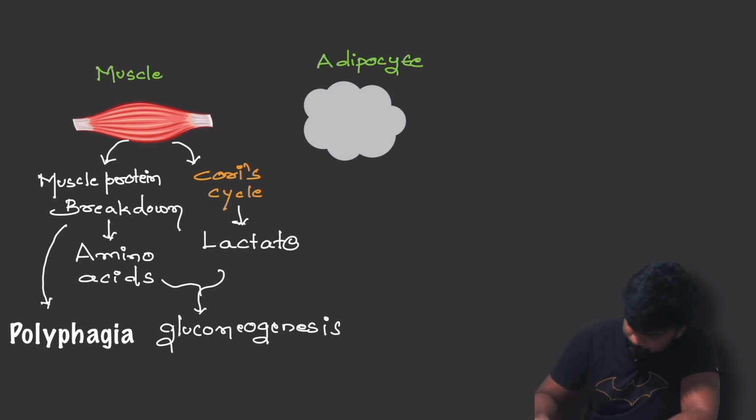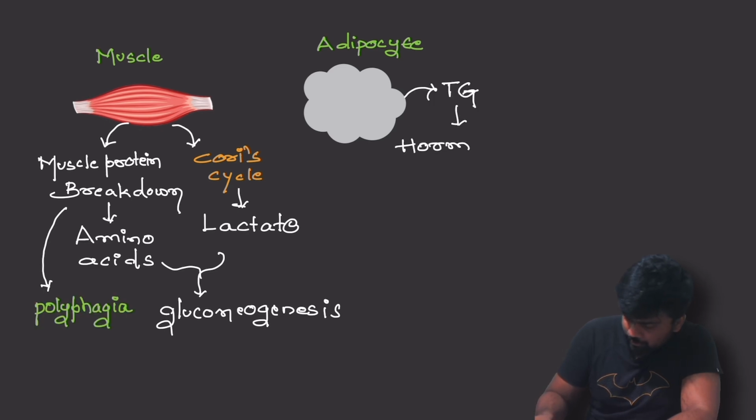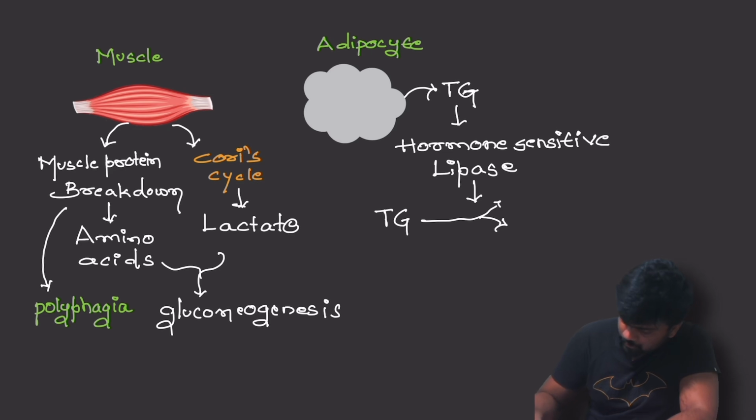Now in the adipocyte, we will be having triglycerides. In insulin deficiency, hormone sensitive lipase will be activated. This hormone sensitive lipase breaks the triglyceride into two things.